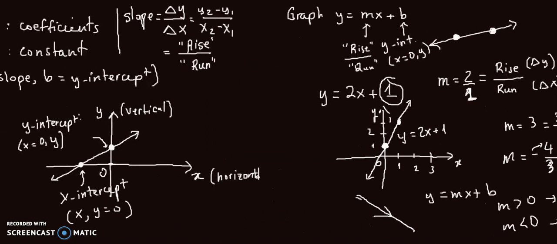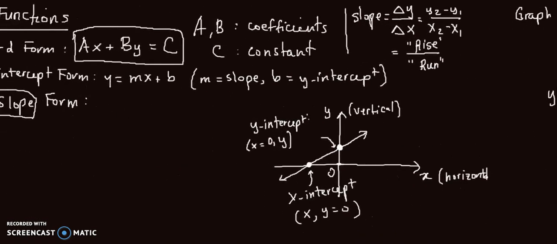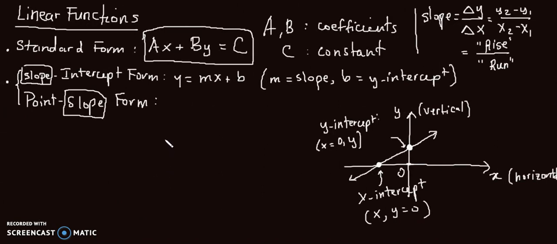All right, so let's go to the second type of linear function, which is the point-slope form. For slope-intercept form, you're given the slope and then the y-intercept.